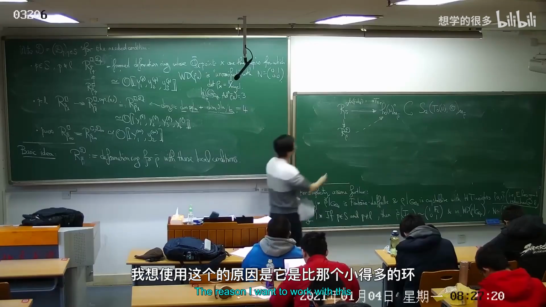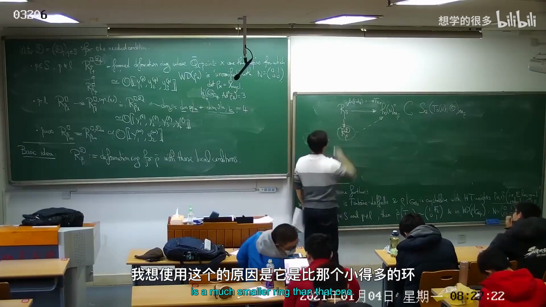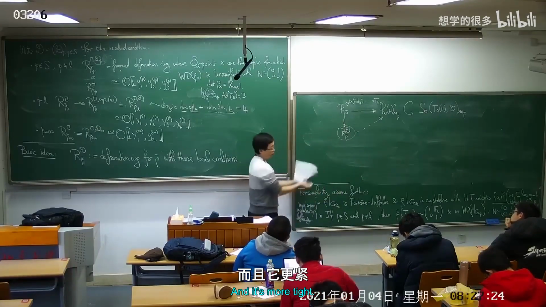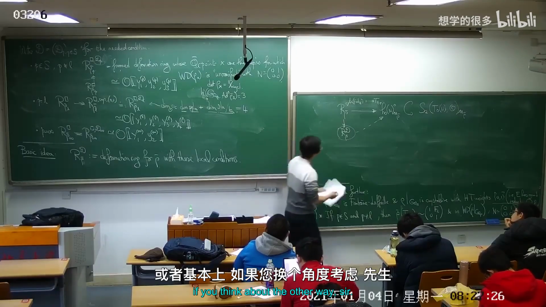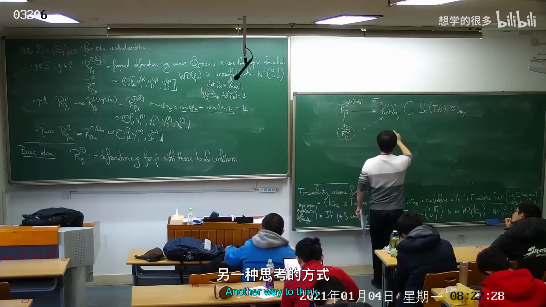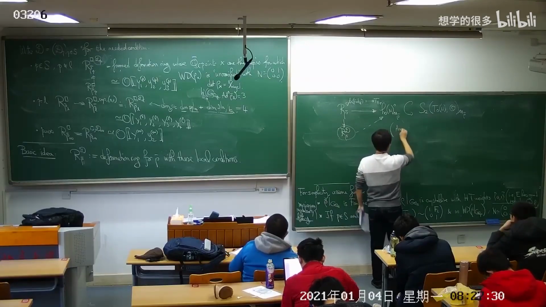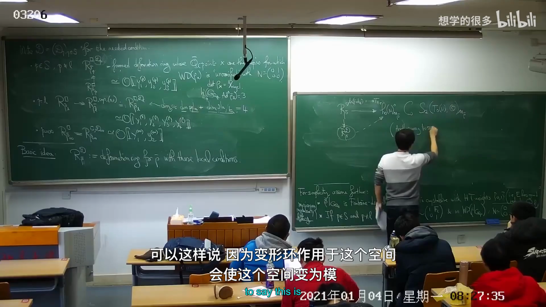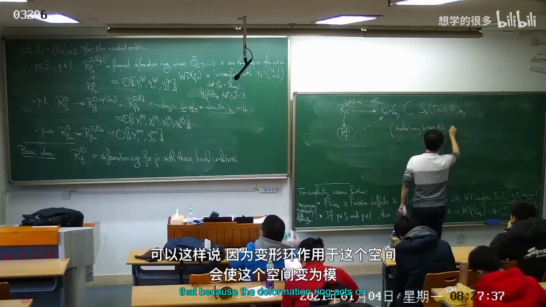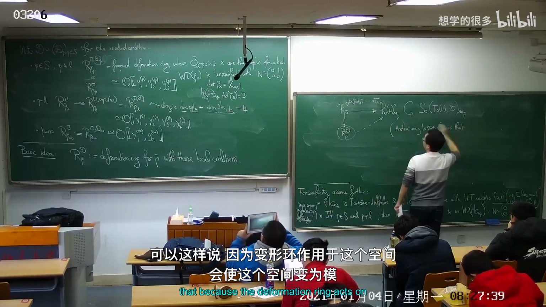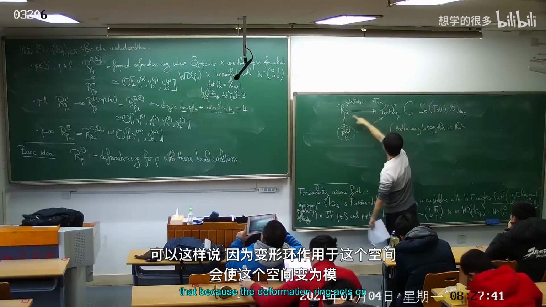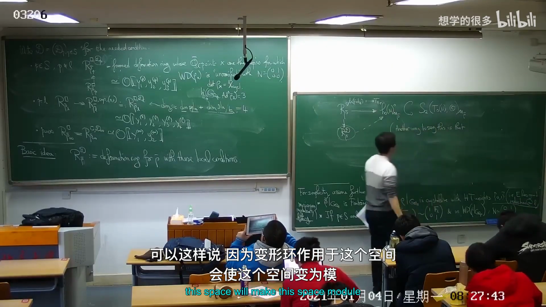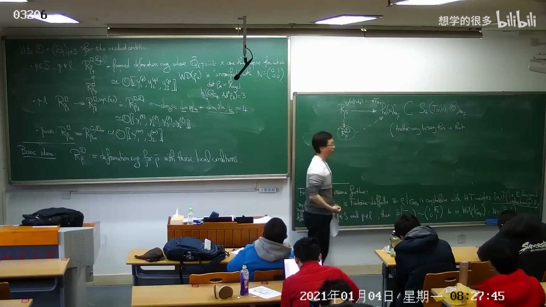The reason I want to work with this is that this is a much smaller ring than that one, and it's more tight. Another way to think of this is that because the deformation ring acts on this space, it makes this space a module over this deformation ring.